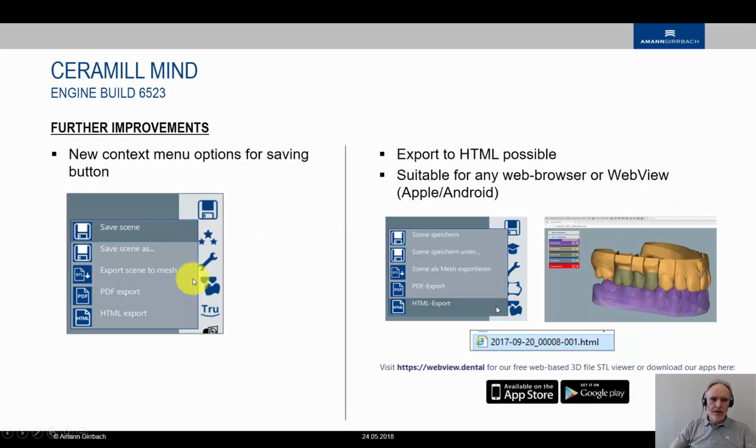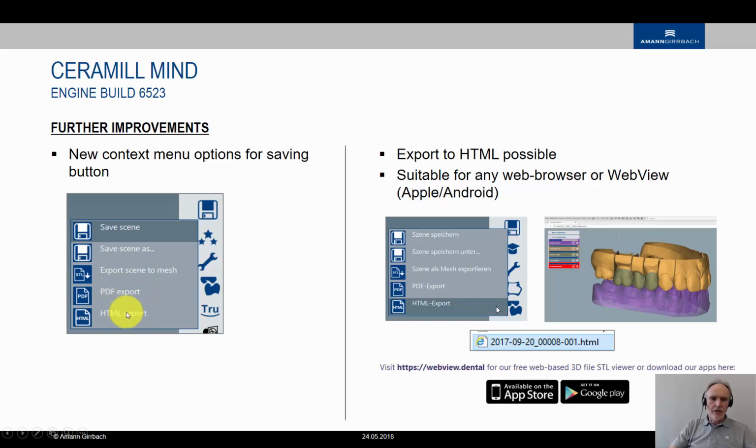Some new buttons on the toolbar on the right side. We have a right mouse click on our saving button, and this now shows the save of the scene. Save scene as means you can type in your own name for the scene, or you can export it as a mesh, which is an STL file, or you can export as PDF or HTML.